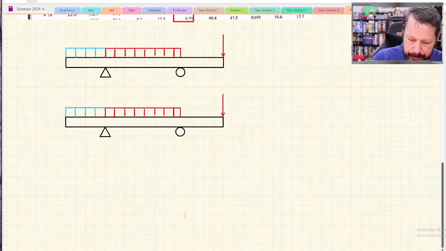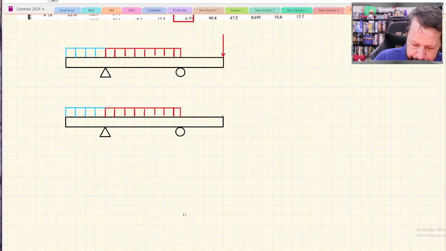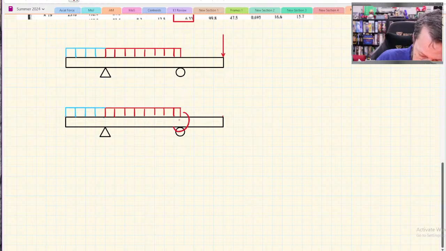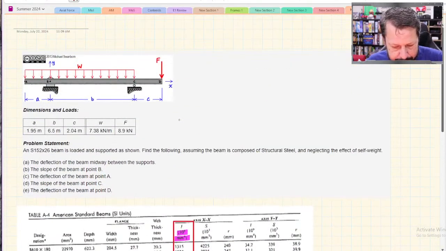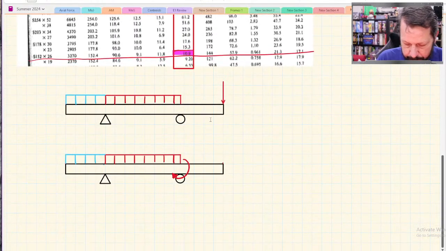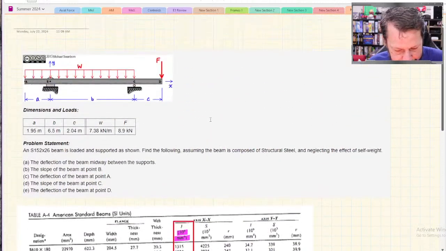And instead of a point load here, I'm going to translate that point load into a concentrated moment that equals, I don't know the value, let's see, F times C. So 8.9 kilonewtons times 2.04 meters. I've already forgotten those numbers.